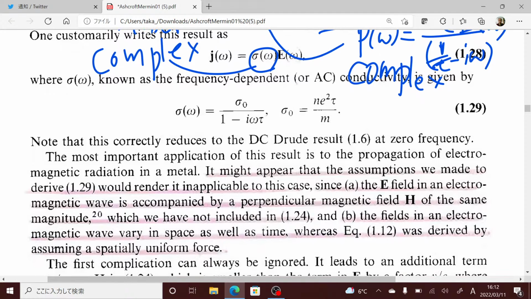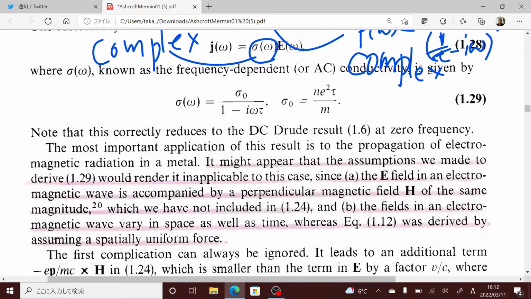The most important application of this result is the propagation of electromagnetic radiation in a metal.